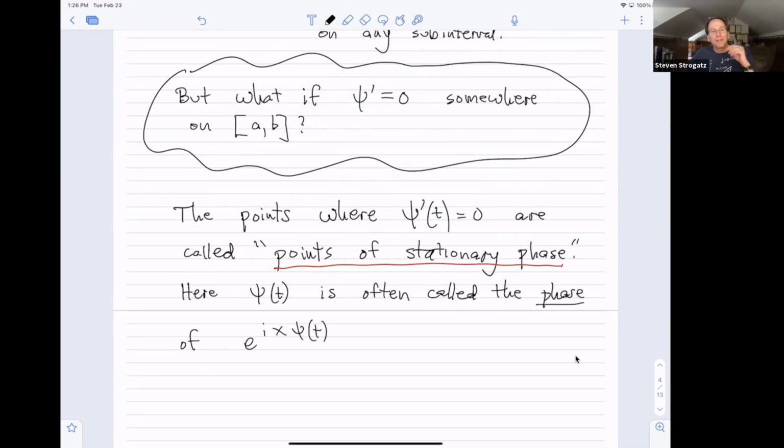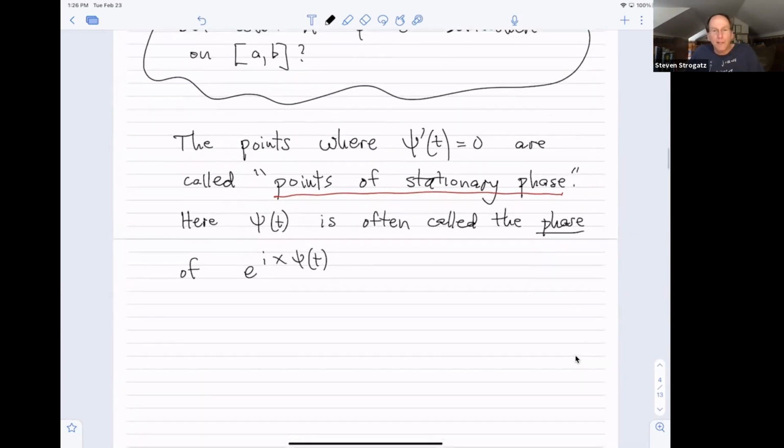But really, in fact, it's x times psi that's the phase. I mean, right, it should be the argument e to the I blah. The blah is the phase. But I won't make that distinction often, because it's just multiplying by this parameter x. But okay, anyway, the issue is, what happens when one of those has a 0 derivative?